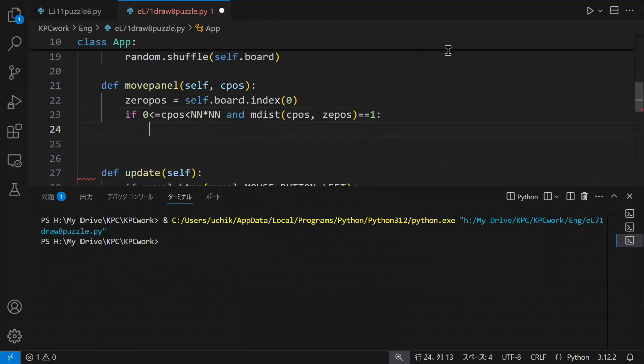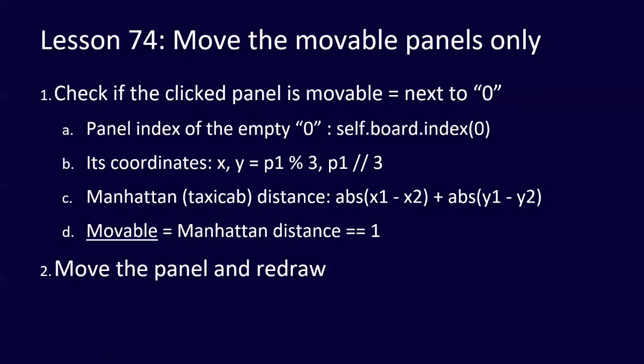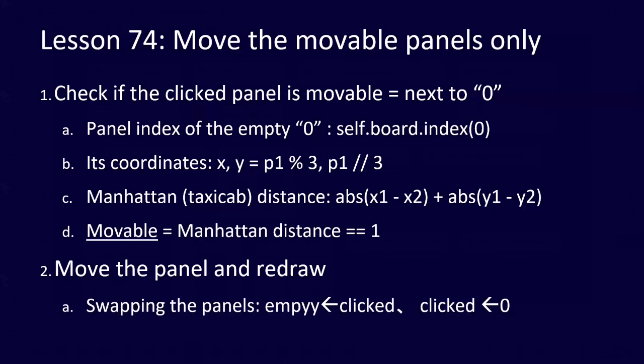Okay, in that case, move the panel and redraw, swapping the panels. The clicked value should be assigned to the empty panel.